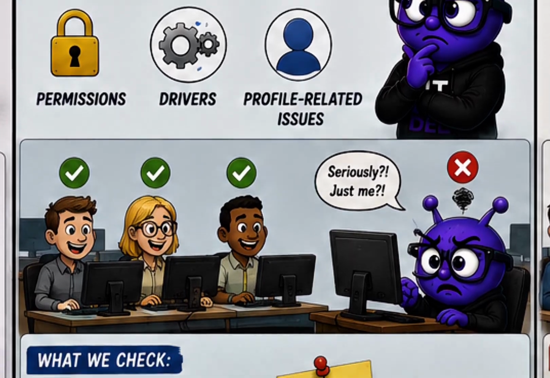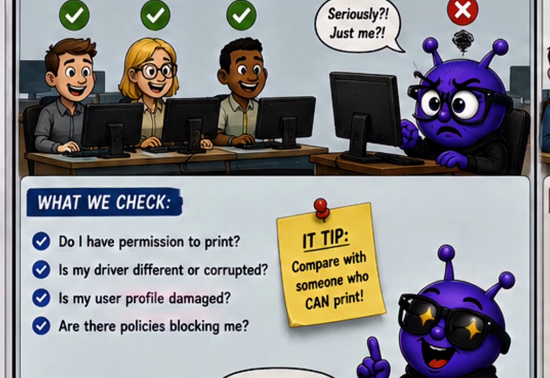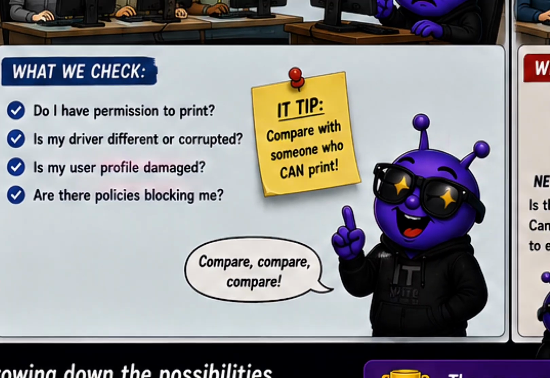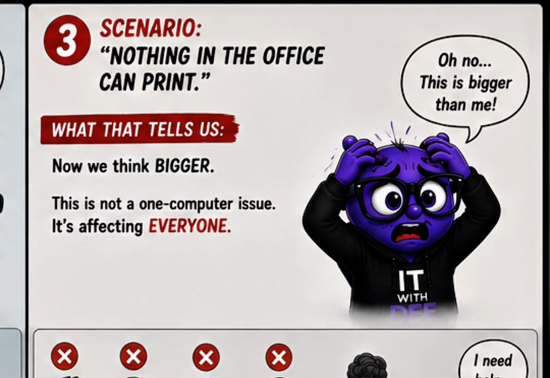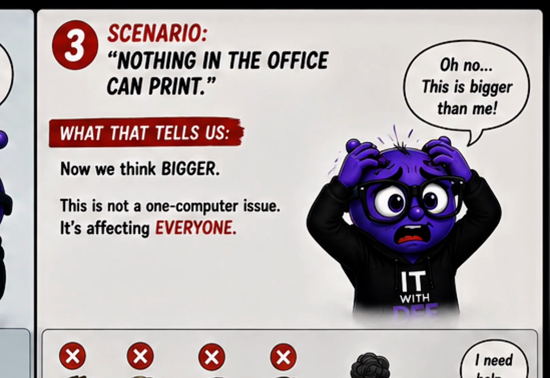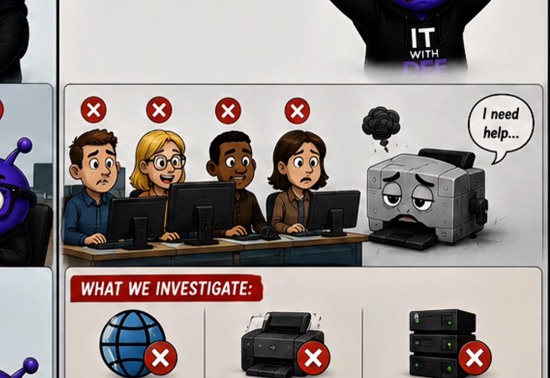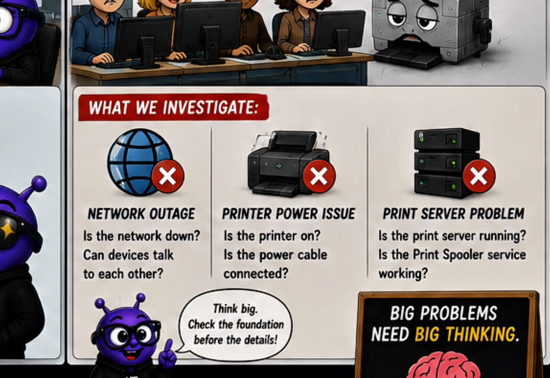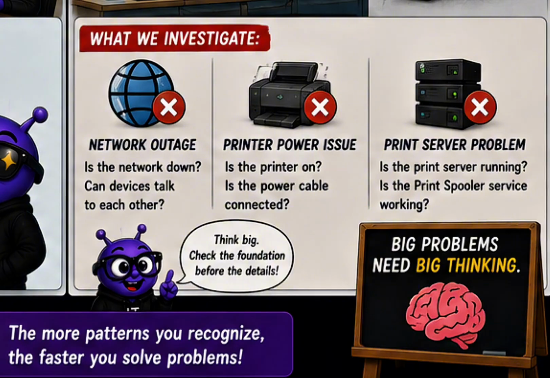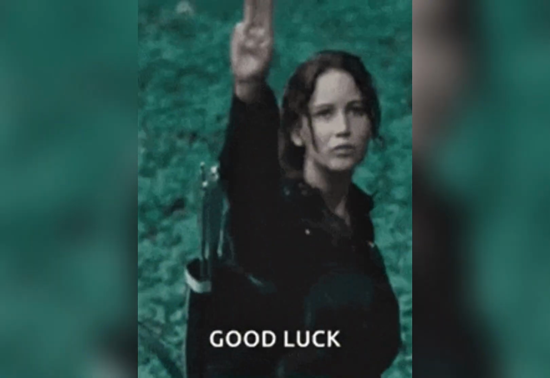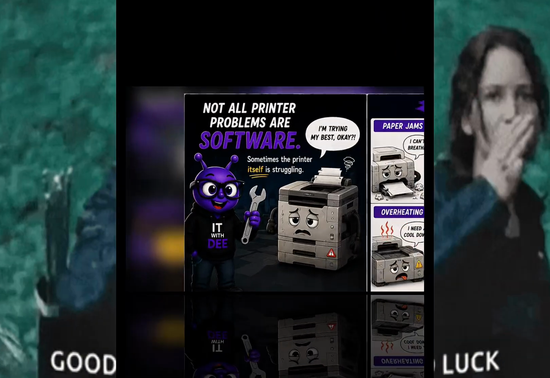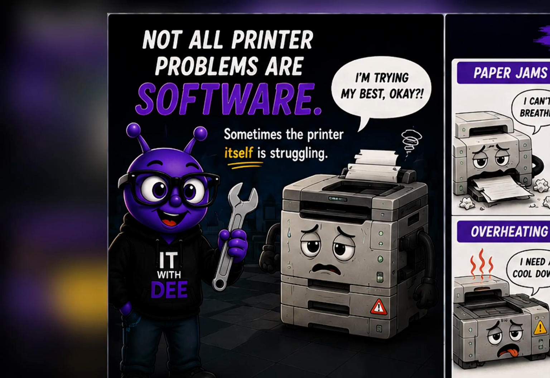Again, that points towards permissions, drivers, or profile-related issues. Or maybe nothing in the office can print. And while it is in fact an intimidating headache, we can think network outage, printer power issue, or printer server problem. Good luck.